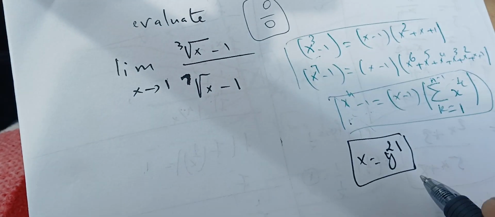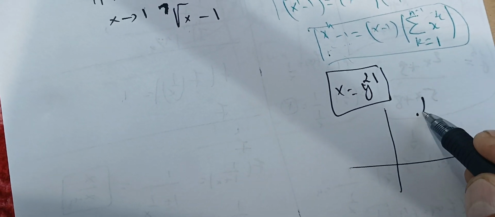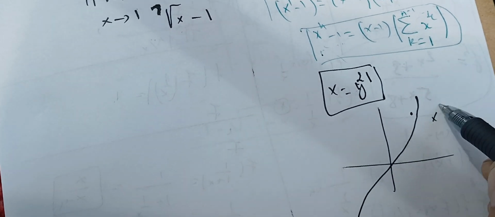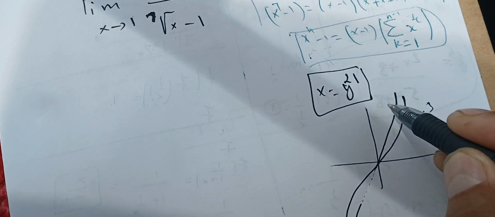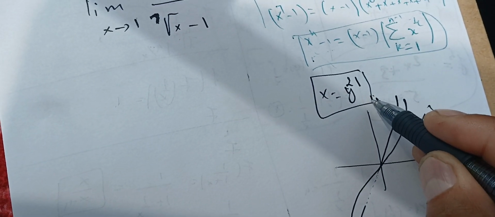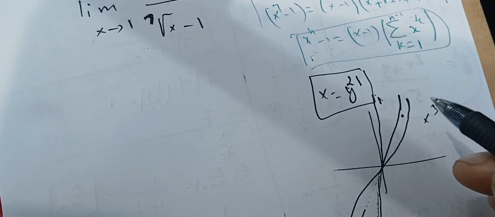They look the same, they are bijective. Here we have the power 3 and here the power 7, and the power 21 goes further, but the behavior is still the same.